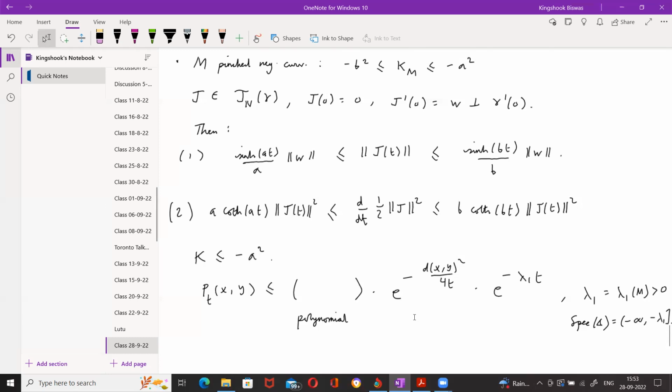But if it's not bounded below, then there might not be uniqueness. I don't remember this statement, though it's in my paper.